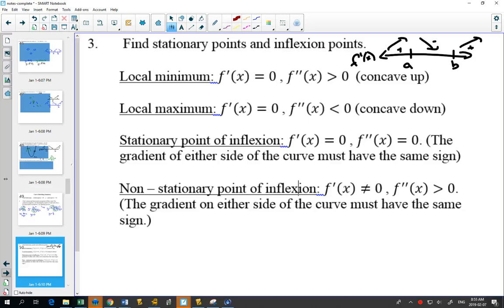Then find your second derivative, find out where it's positive and negative, find concave up and concave down.